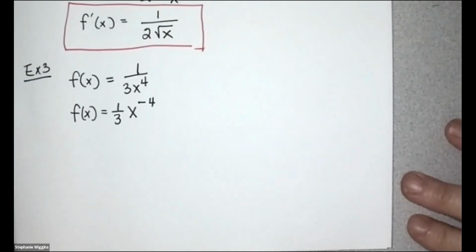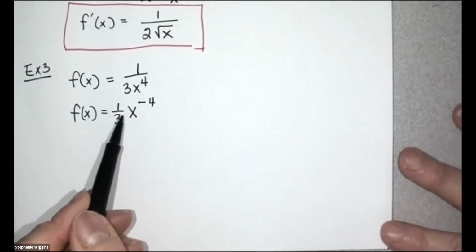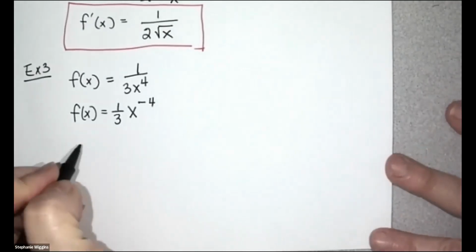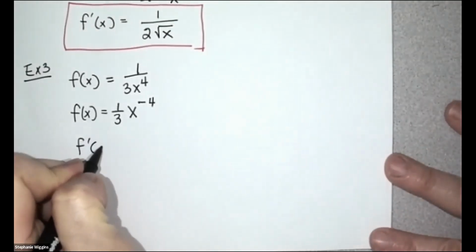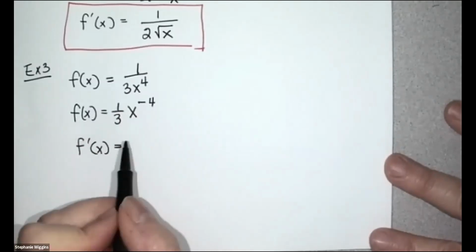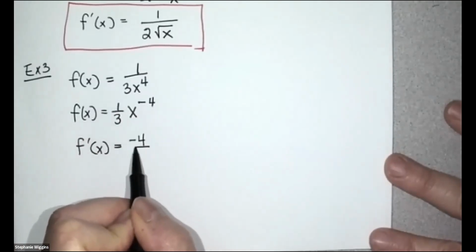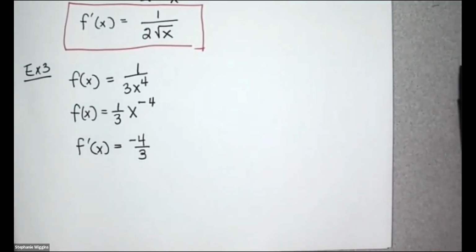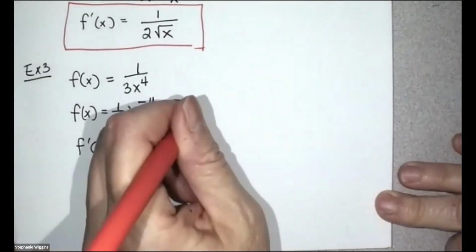Now that it's in the form of x to some exponent, I can apply the power rule. So when I take the derivative, -4 times 1/3 is -4/3. And I'm just going to write that as an intermediary step.